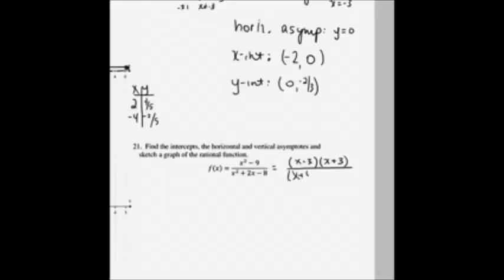So now we can see the vertical asymptotes coming from the denominator here and here are x equals -4 and x equals 2. So we'll go ahead and place those on the graph.